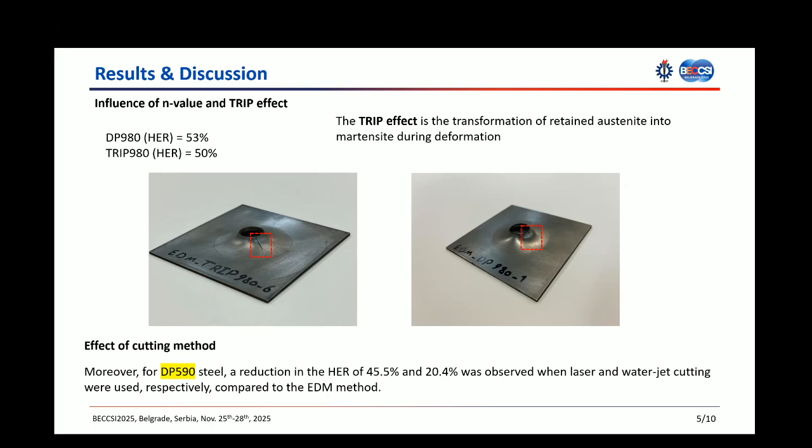The TRIP effect refers to the transformation of retained austenite into martensite during deformation. Therefore, when the TRIP effect is activated in TRIP 980, localized straining increases, leading to faster edge cracking and reduced HER.